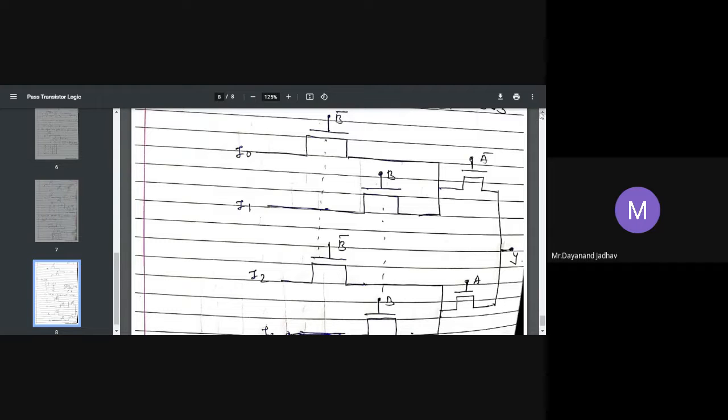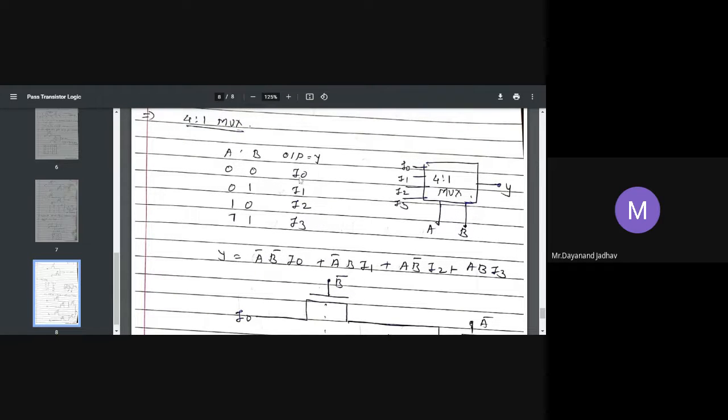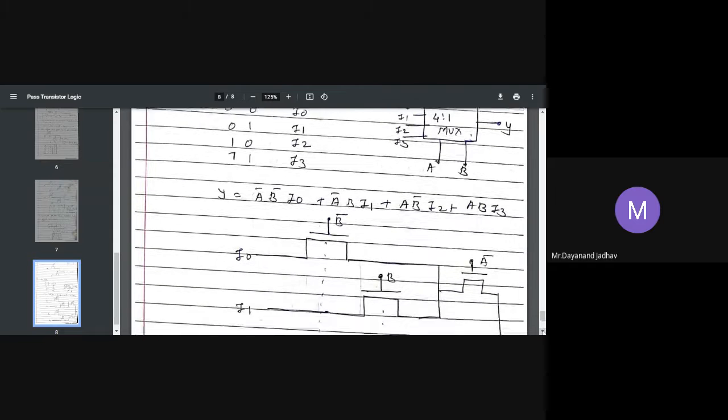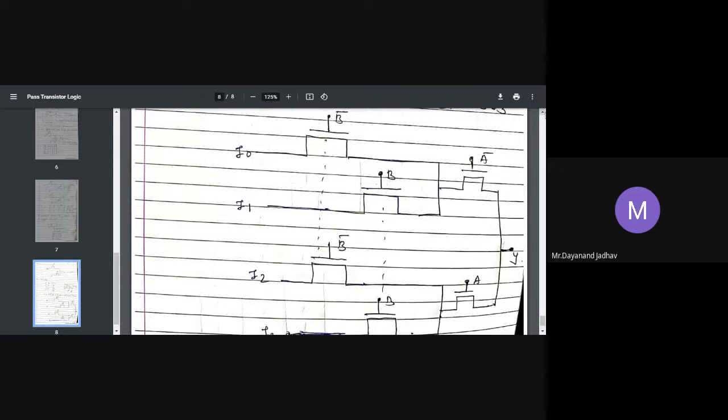Therefore, when A equal to 0, B equal to 0, the output of the multiplexer is I0. Just like that, we can verify A equal to 0, B equal to 1: I1 is created in the output. For every case of the select lines: A equal to 0, B equal to 0, I0 in the output.